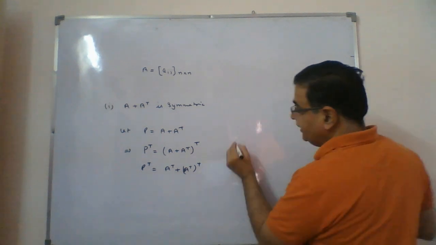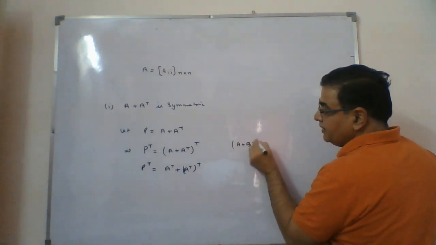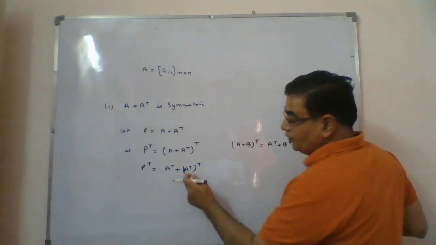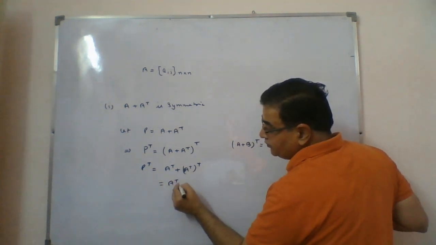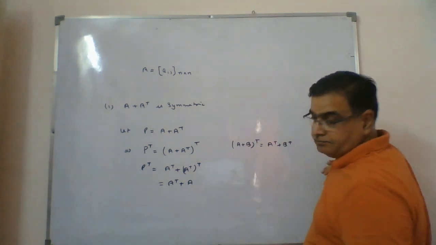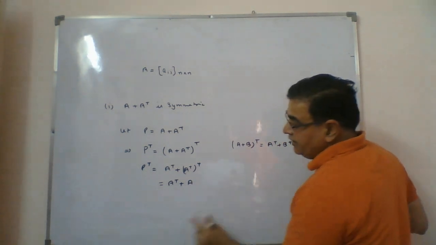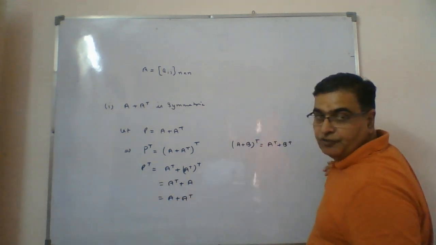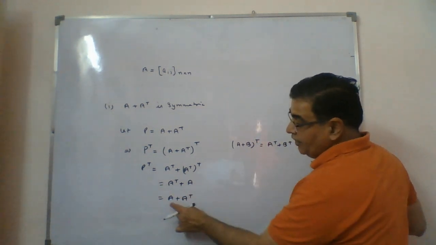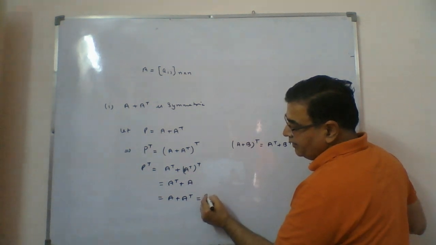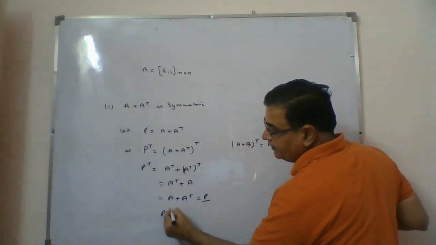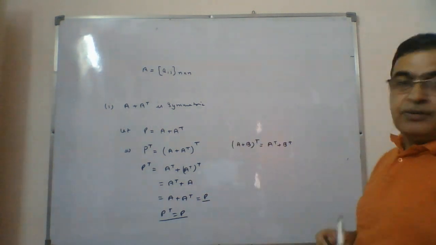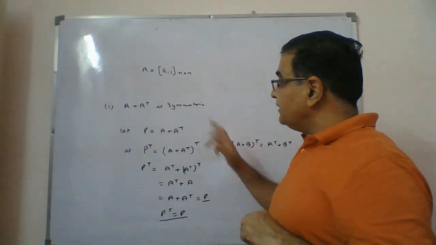This property I already told you: A plus B whole transpose is A transpose plus B transpose. So when you do this, what will come? A transpose plus A transpose whole transpose is A, and you can write this as A plus A transpose because the commutative property is valid. So A plus A transpose, and this is nothing but P. So what I get here is P transpose comes out to be P. That means A plus A transpose is a symmetric matrix.